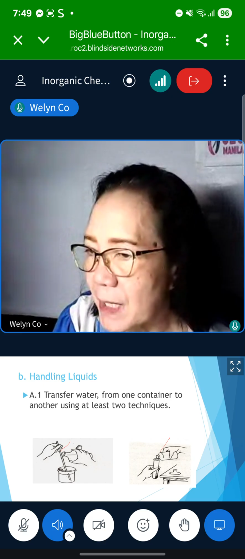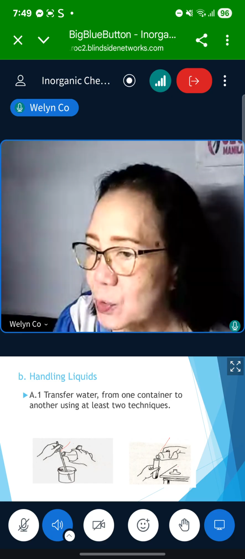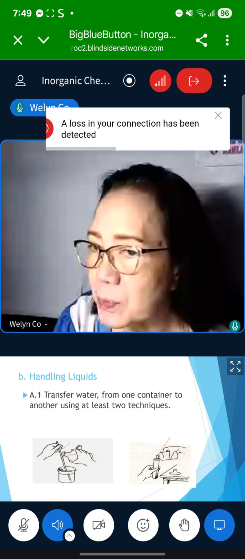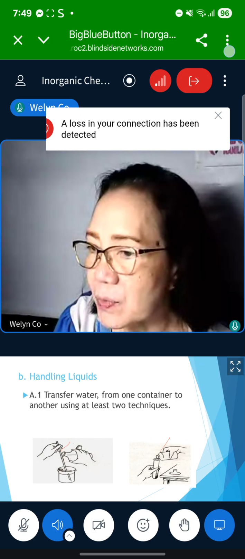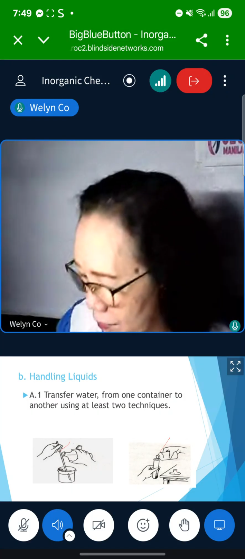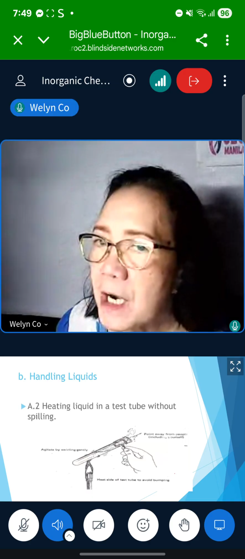Take note of the cover, mga bata. You don't have to put the cover directly on the surface of the table, but rather the outside portion of the cover lies on the table, okay, to avoid contamination.